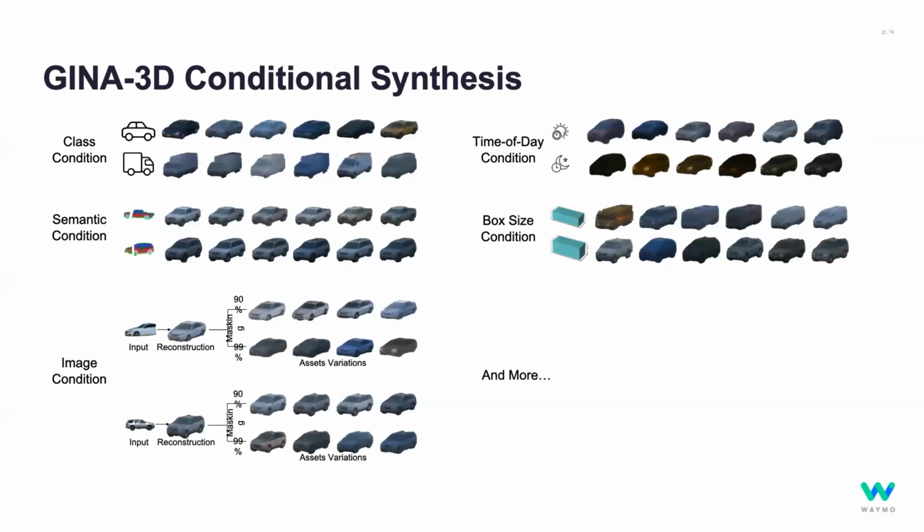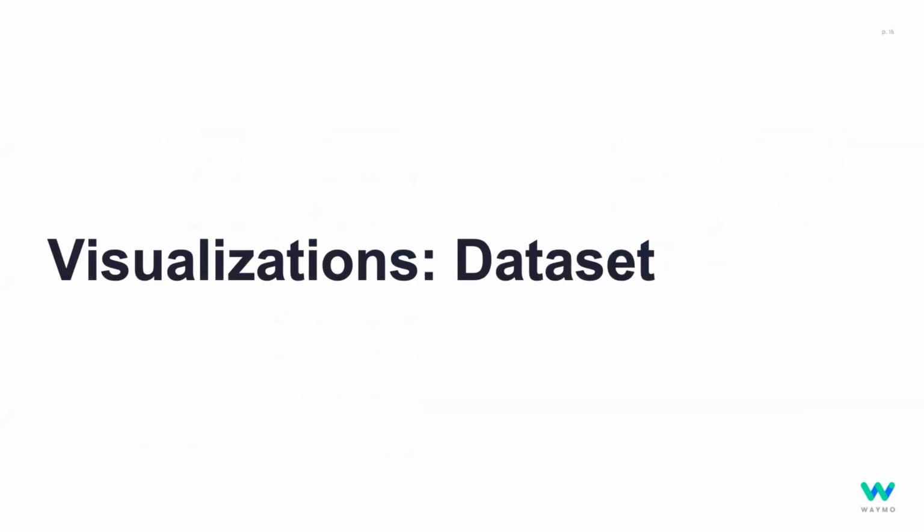All I showed in previous slides was unconditional generation, but since we decouple the training into two steps, we can retrain the second stage with different conditions, like class condition, time of day condition, box condition, image condition. These can be very useful for simulation because you can create arbitrary things with these conditioning variables.